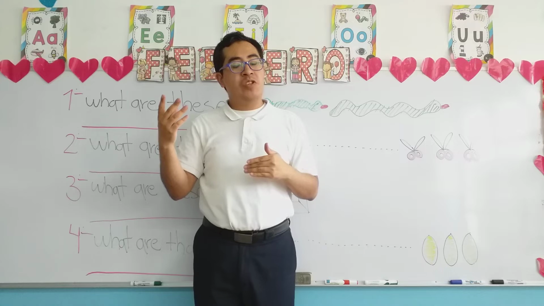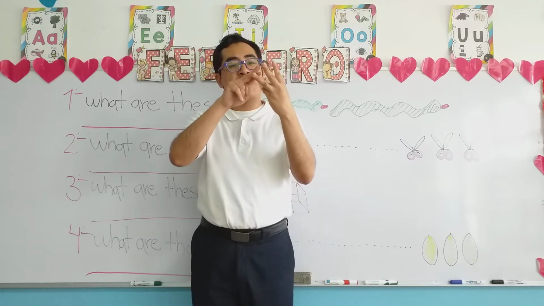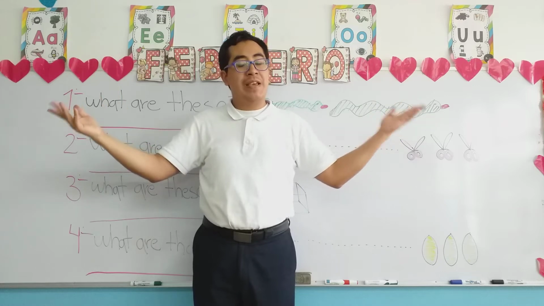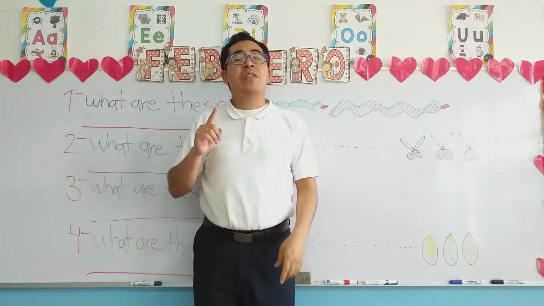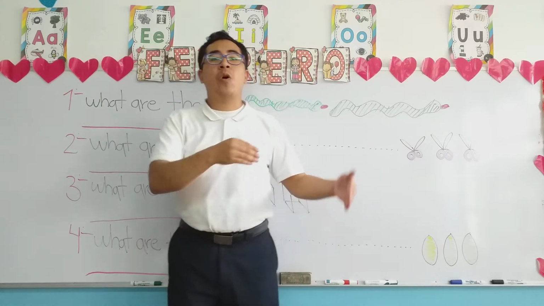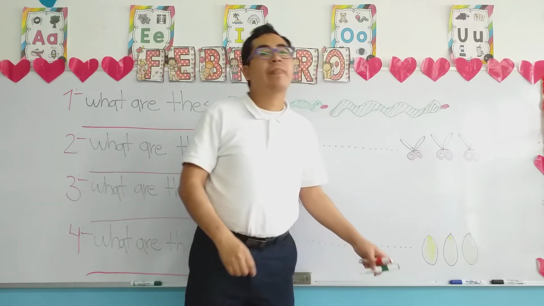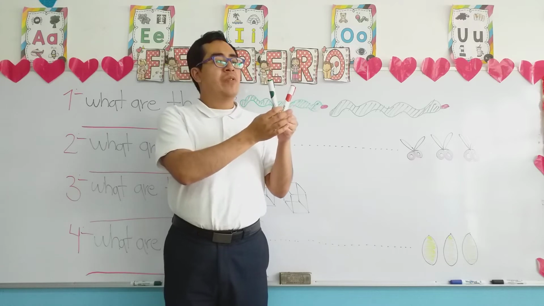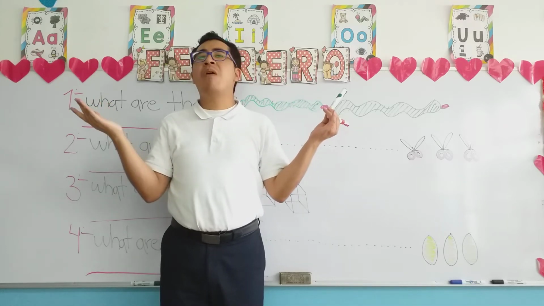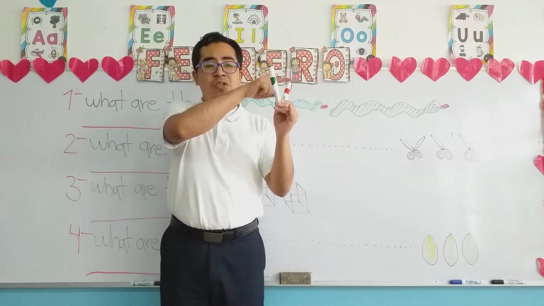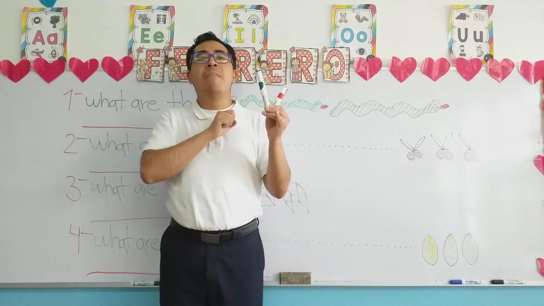For plural objects, we can have 2, 3, 4, 100 or 1 million objects. And remember, this with double E is when the objects are near. For example, I have markers. What are these? These, estos, these are markers.